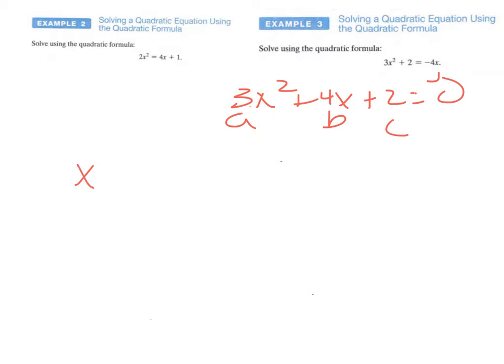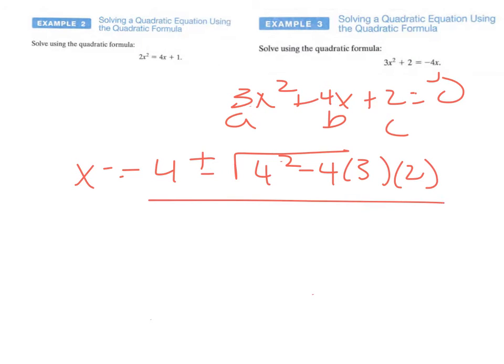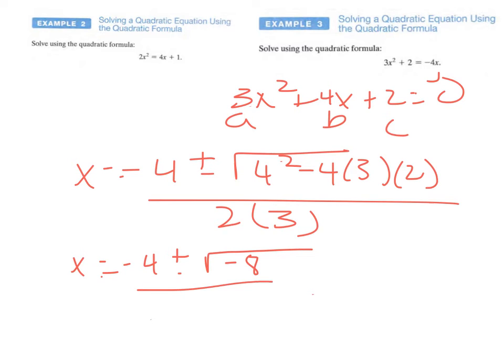So x equals a negative B plus or minus the square root of B squared minus 4 times 3 times 2, all over 2 times A. When I do this problem, I'm going to get a negative 4 plus or minus the square root of 16 minus 24, and that gives me a minus 8, all over 6.